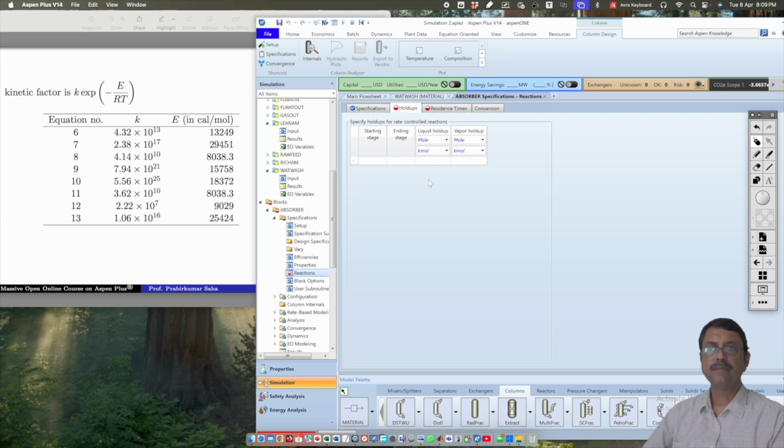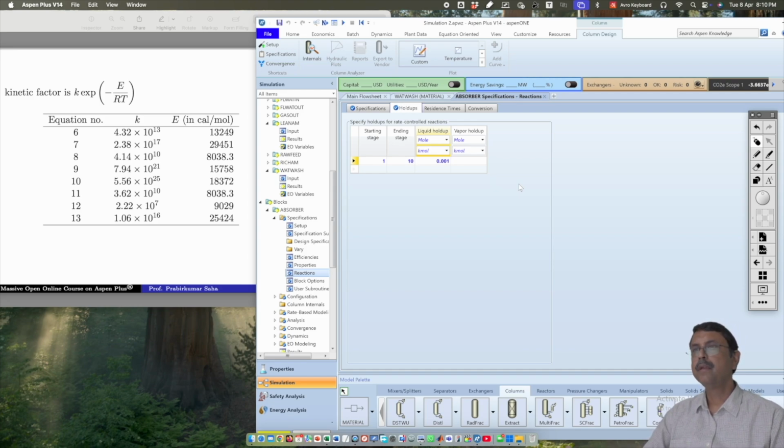The system itself will take, but in equilibrium calculation, you have to assume some hold up. So here, let us assume a very low hold up, you put 0.001 kilomole. Okay, it doesn't need to be very high because you do not know actually what will be the hold up. So it's just a wild case, nothing else.